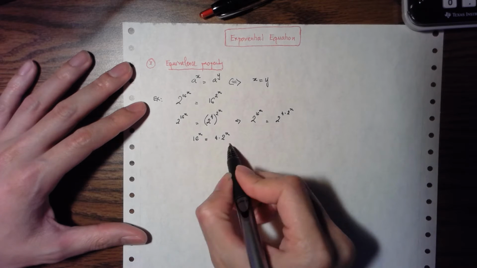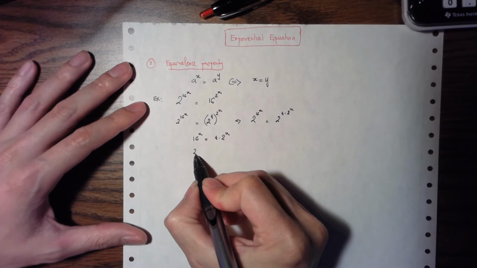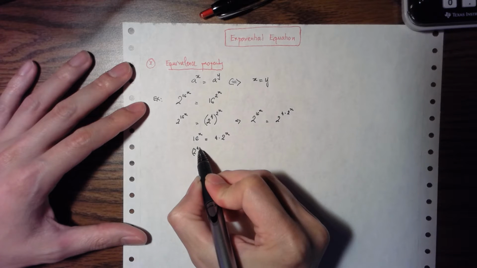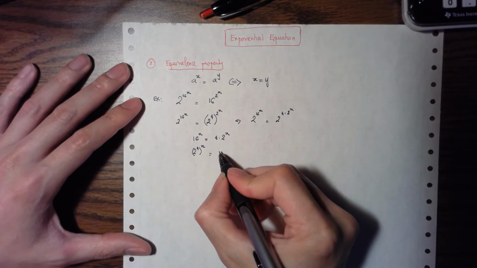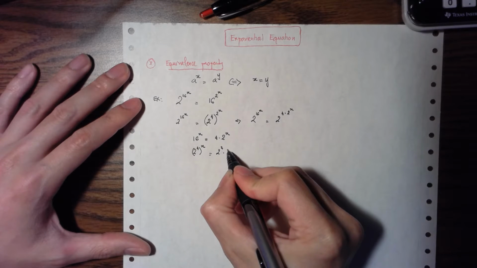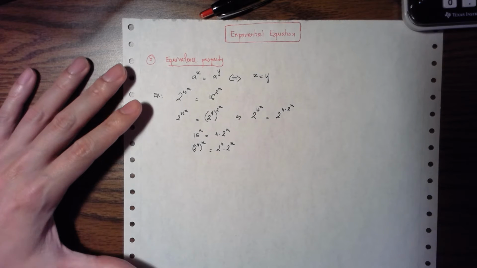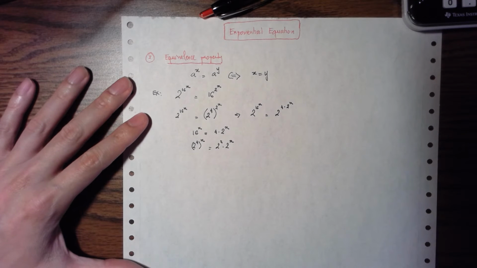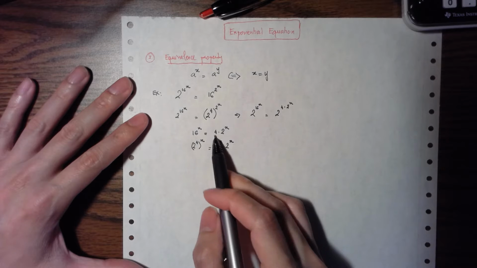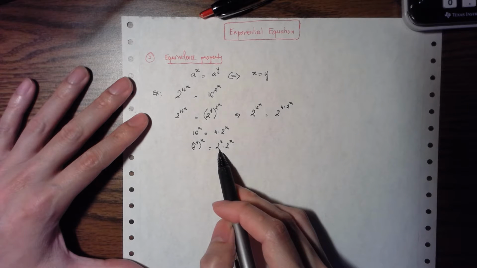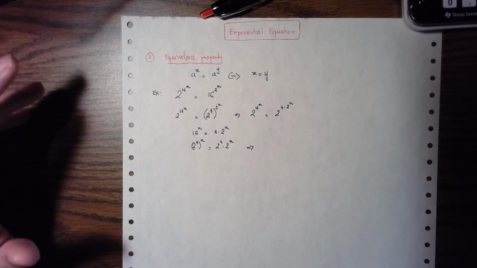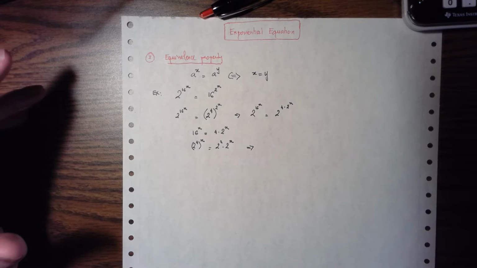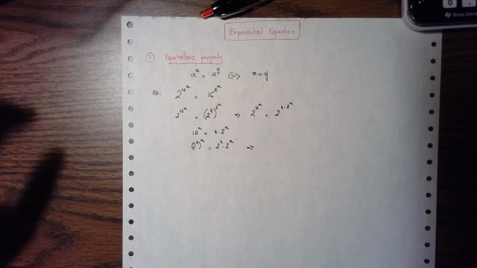So 16 again is 2 to the 4, raised to x, and 4 is 2 squared, times 2 to the x. I just rewrite 4 as 2 squared. Now I'm going to apply the exponential formulas we already learned in intermediate algebra and college algebra.